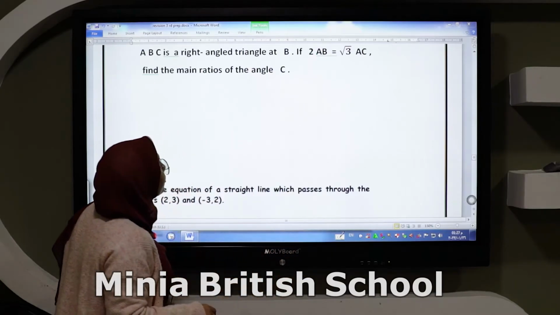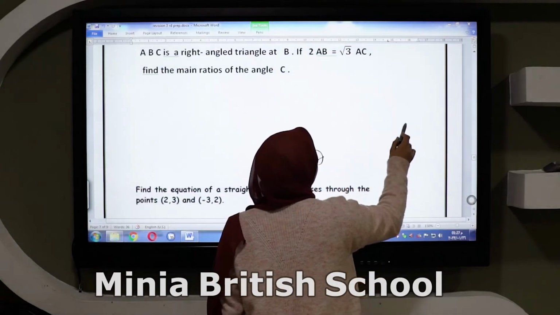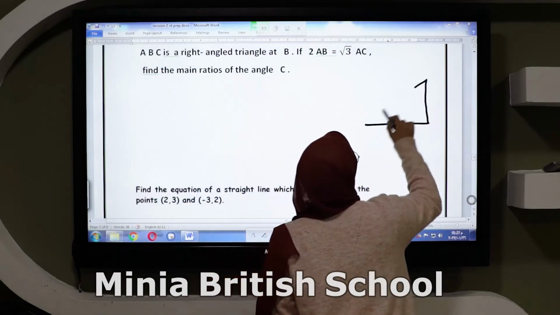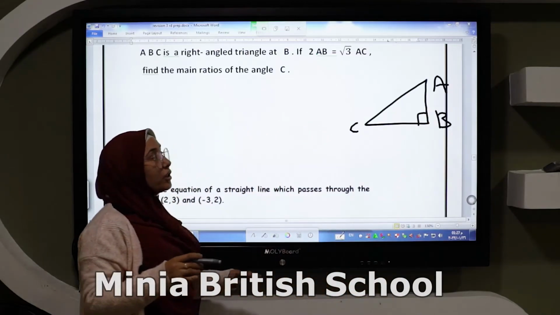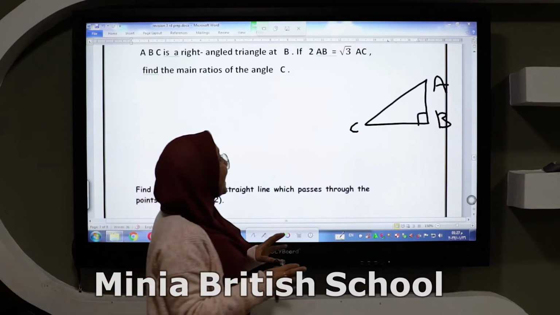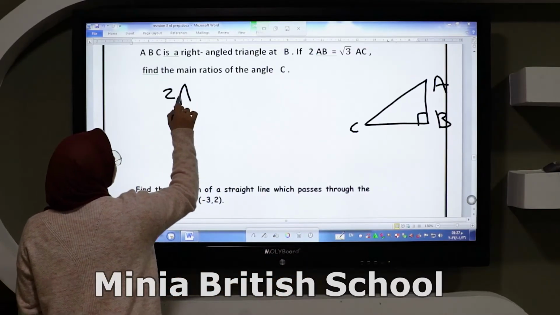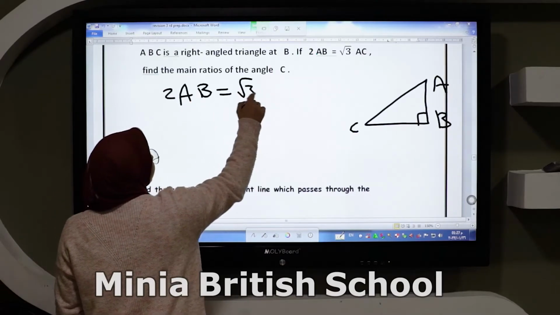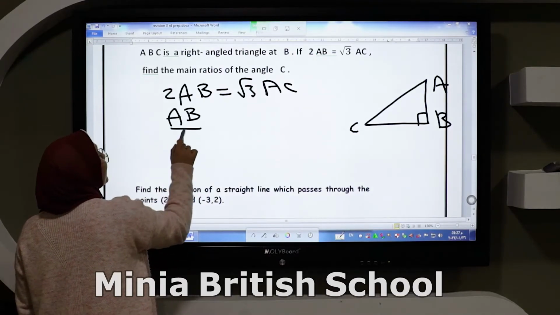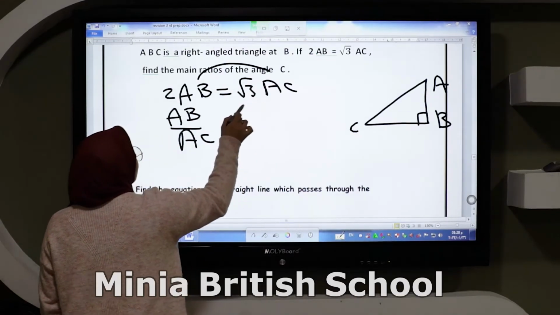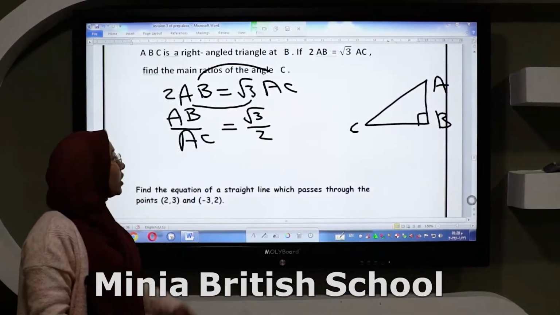ABC is a right angle triangle at B. So we will draw a right angle triangle at B. If 2AB equals root 3 AC, from this ratio we can get AB over AC equals root 3 over 2.